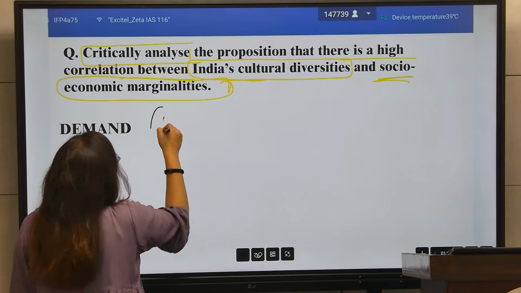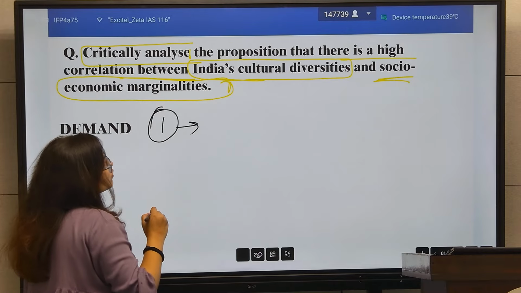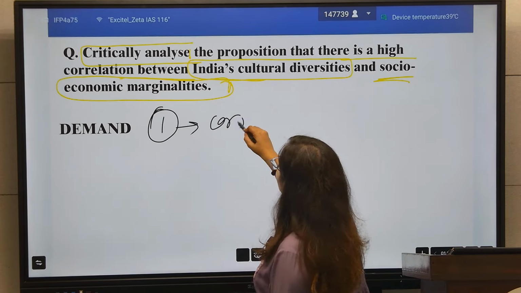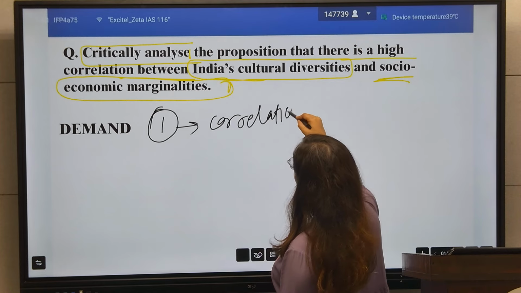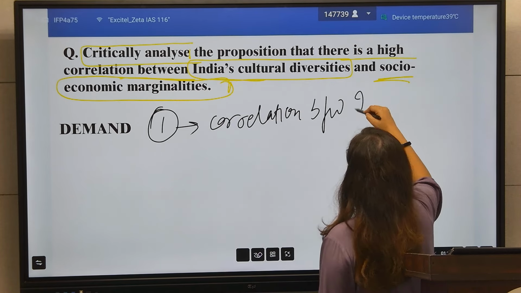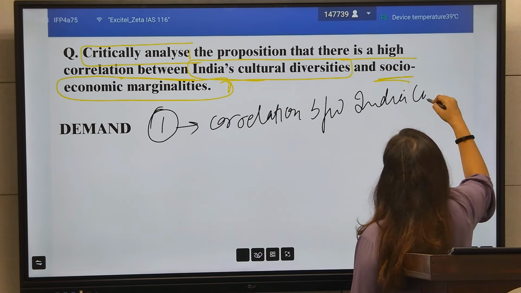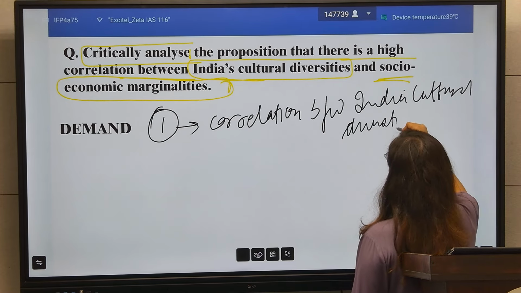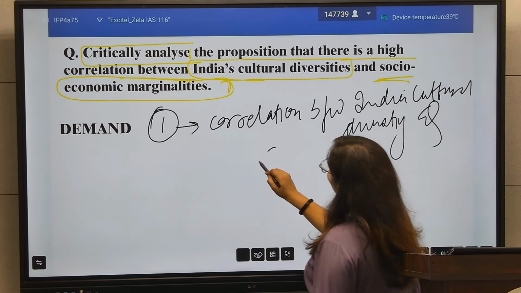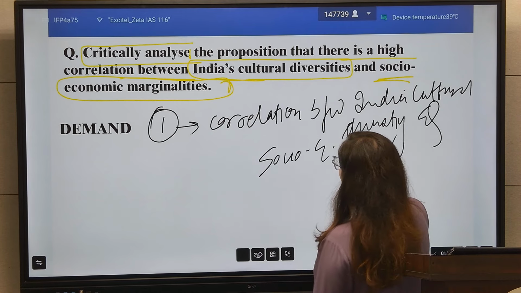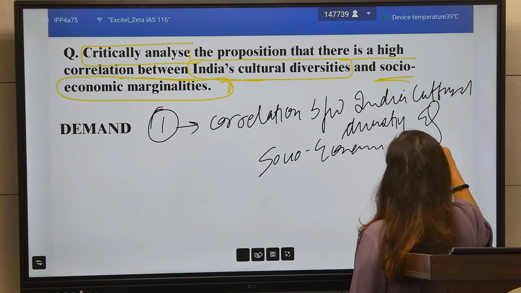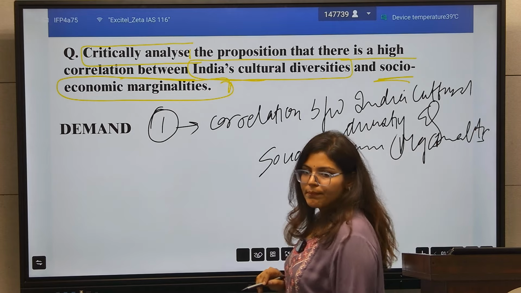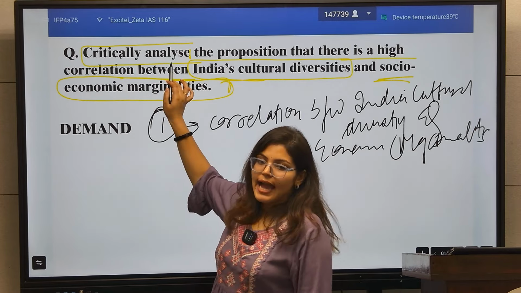So what is the demand of the question? That you have to analyze the correlation, that there exists a correlation between India's cultural diversity and socio-economic marginalities. But here is the term critically analyze.